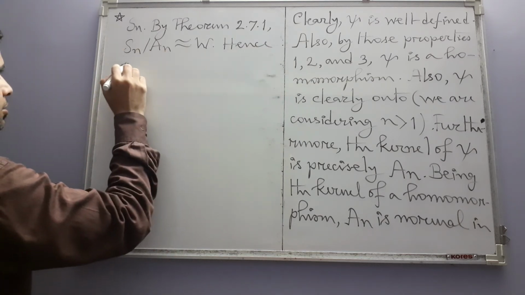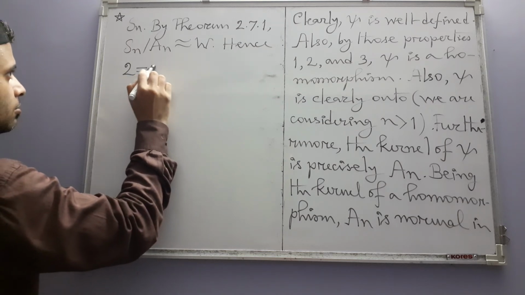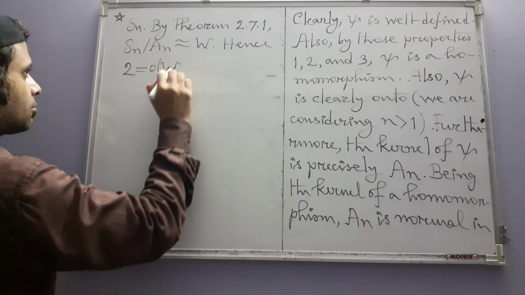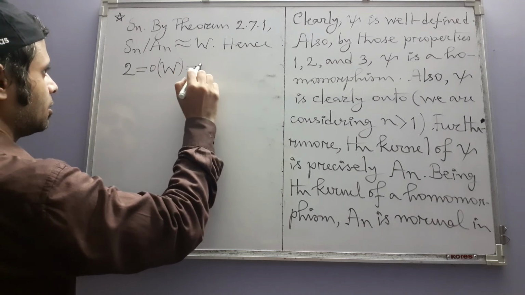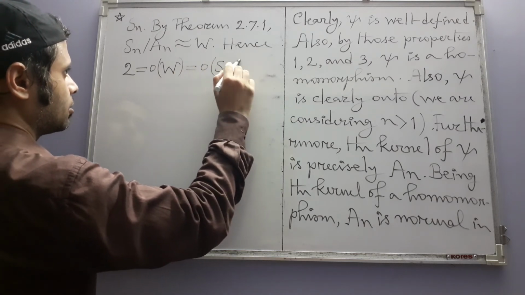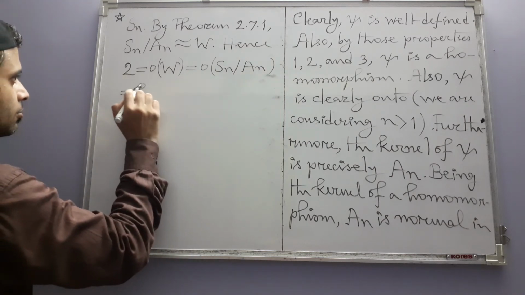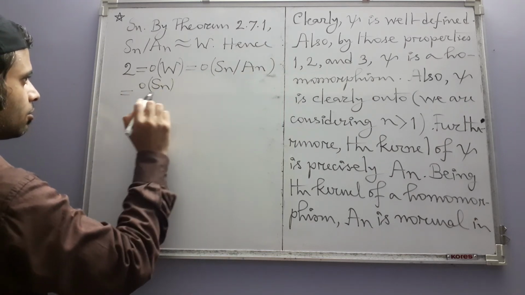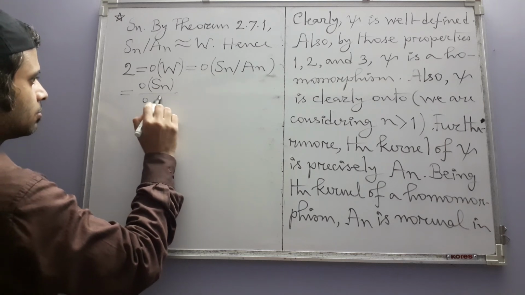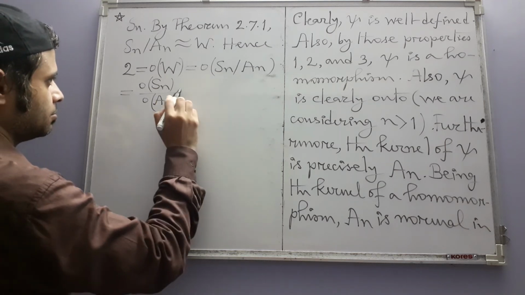The order of this is 2, and the order of this quotient group, we already know how to calculate: it is the order of the original group divided by the order of the normal subgroup.